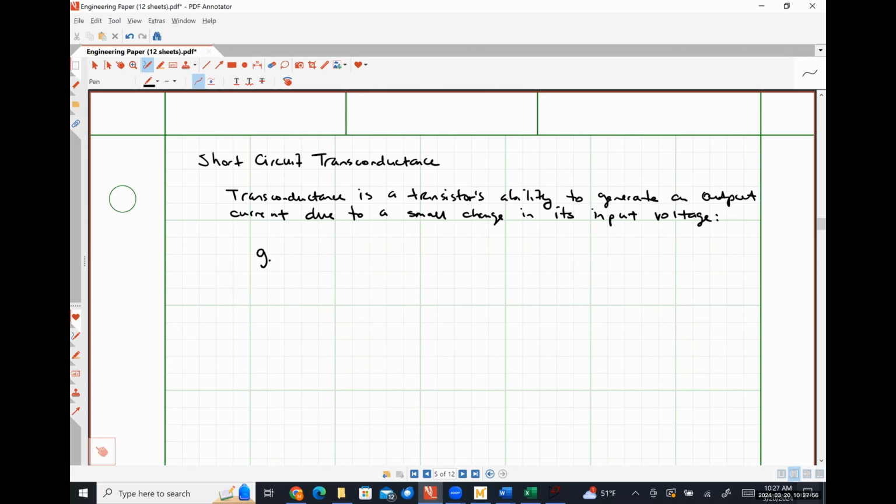So for a BJT, we had the relationship, this is just the derivative of our collector current with respect to our base emitter voltage, which came out to be IC over VT. We derived that explicitly, if memory serves me correctly.